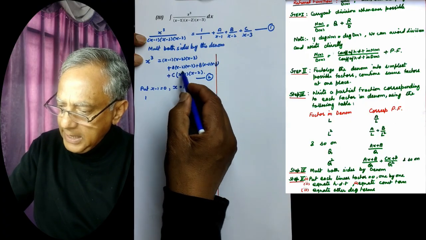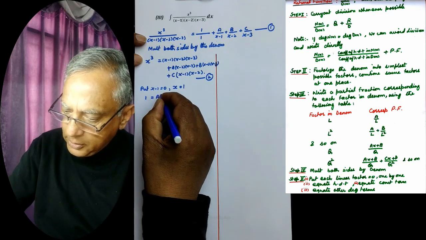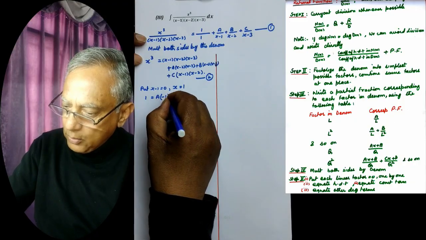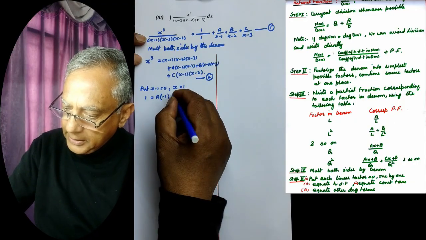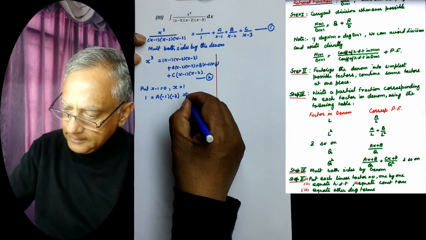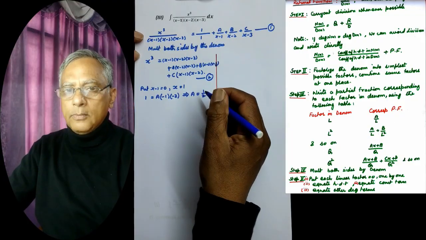So we will get only this term. So this is equal to a into 1 minus 2, that is minus 1, 1 minus 3, that is minus 2. So this implies a is equal to 1 by 2.